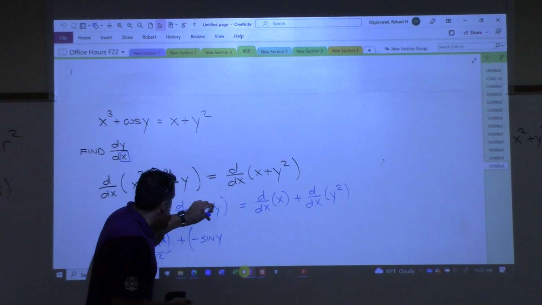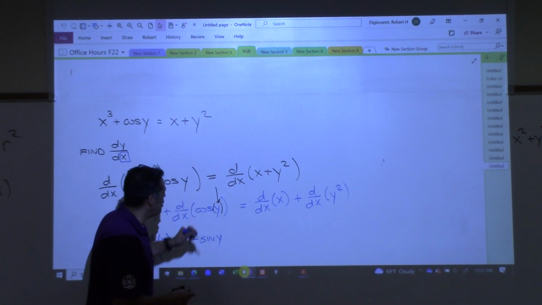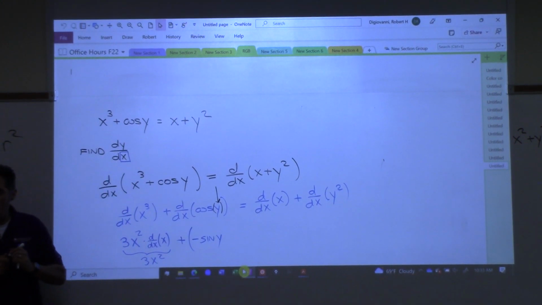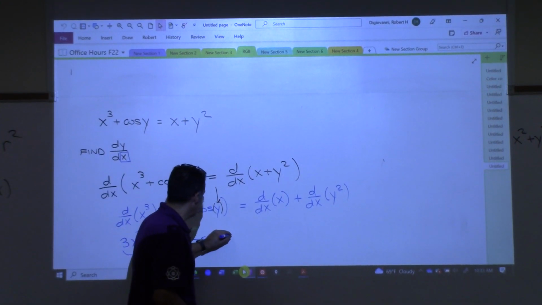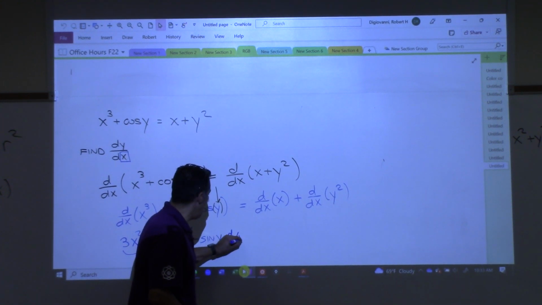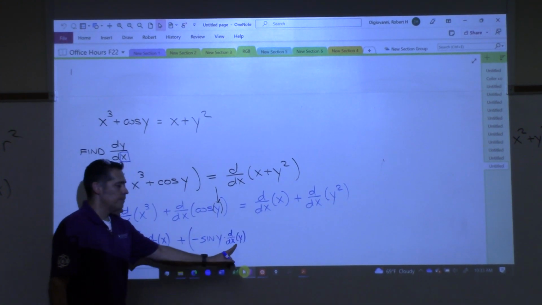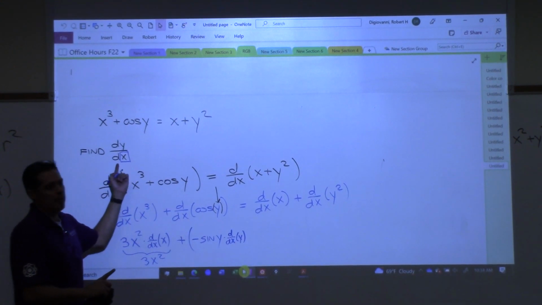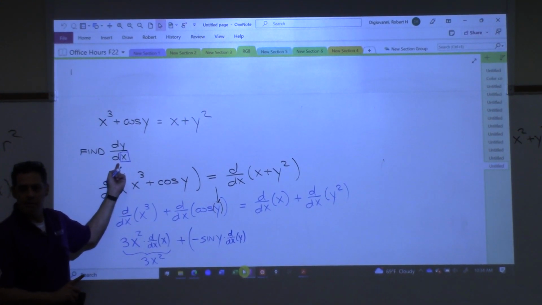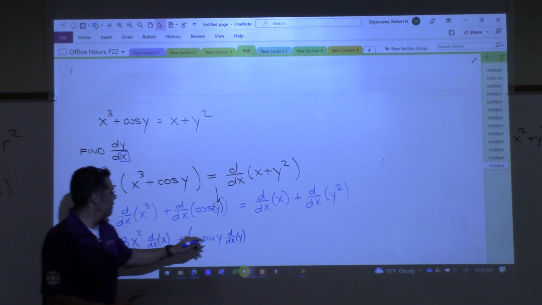This y is inside this, so I now need chain rule to take the derivative of that y. What is the derivative times the derivative with respect to x of y? Is that 1? No. But it's what I'm looking for, right? It's what I'm looking for.